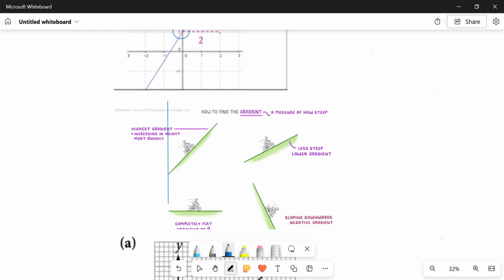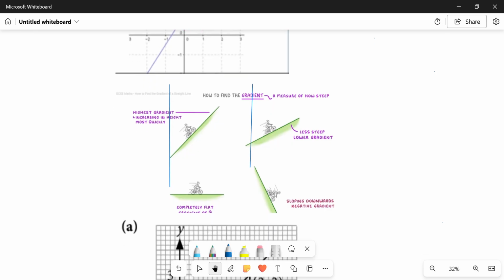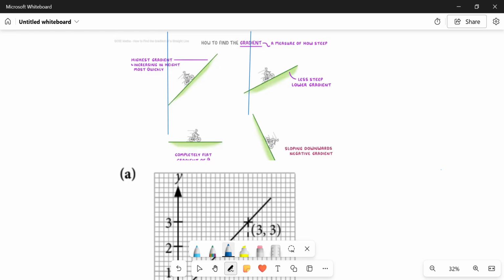If I draw the y-axis for the second line, this is a little bit towards the x-axis, so it is less steep, right? It has a lower gradient. Now the third diagram, the line is flat, so the gradient here is 0, right? Because it is not touching the y-axis.